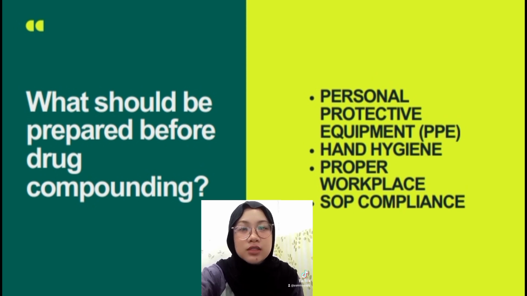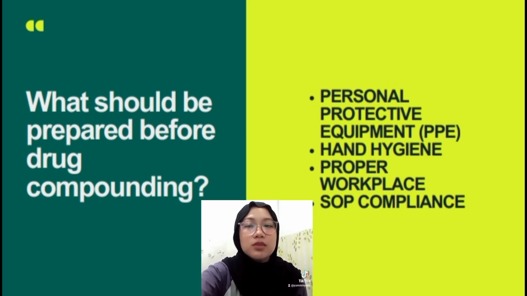In addition, ignoring safety procedures can lead to physical injuries. For example, broken glassware or damaged compounding tools can cause cuts or wounds on the hands. These injuries not only harm the health worker but can also interrupt the compounding process and delay patient treatment.